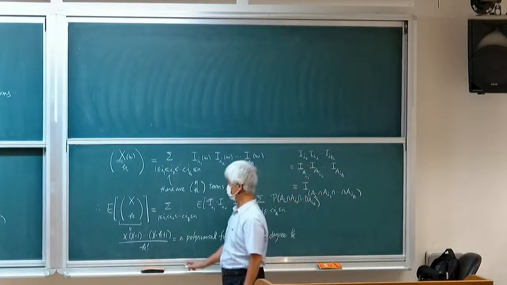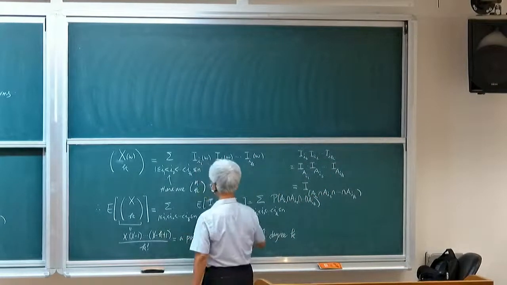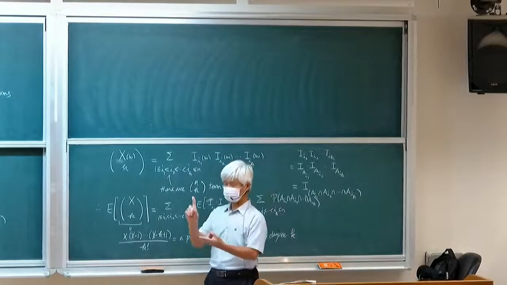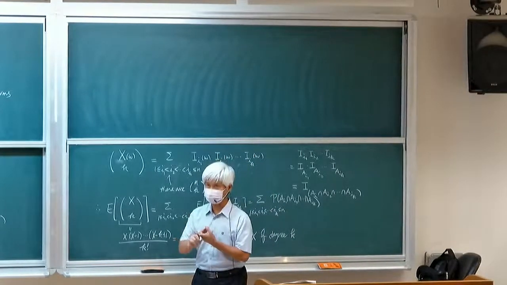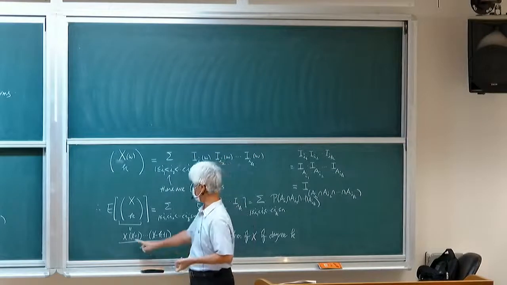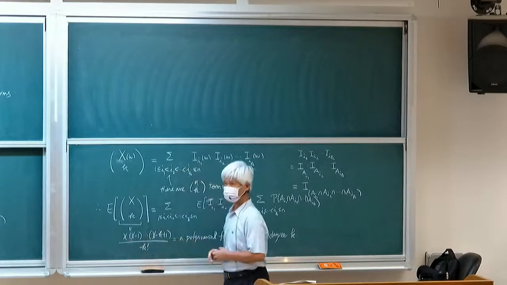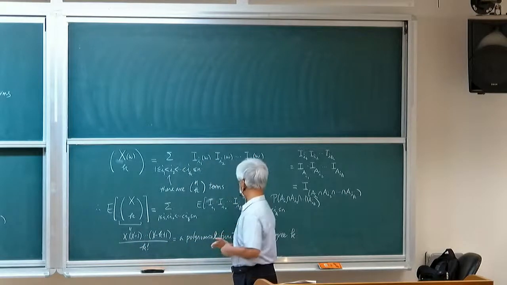So if we know the first moment, the second moment, up to the (k-1)th moment, then we can compute the kth moment of X from this identity.